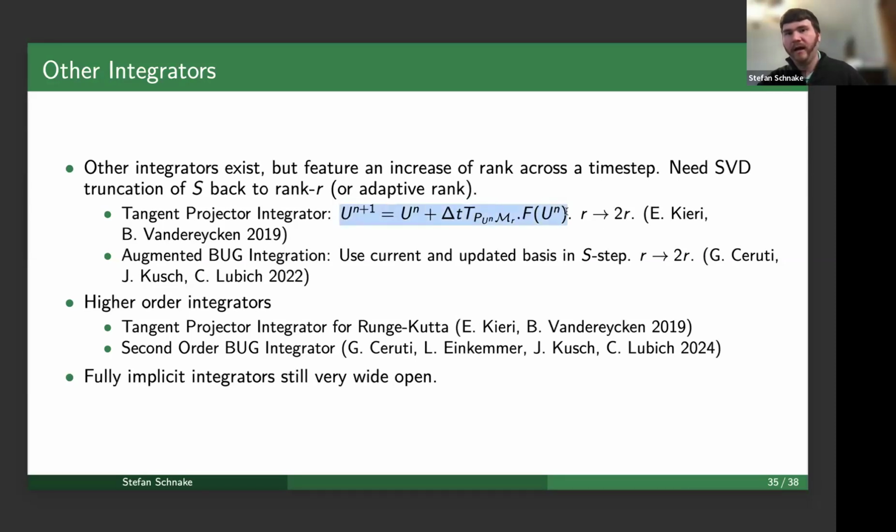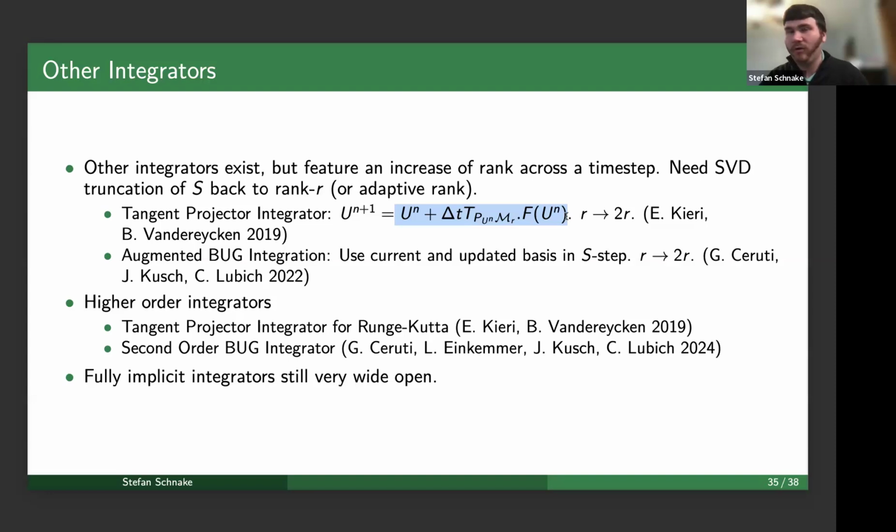I have a method that now fixes the tangent space and it evolves, and you're good. The problem is that this operator right here is rank 2R. So you go from R to 2R. If you do some sort of SVD truncation of the coefficients, you can go back down to rank R if you want. But you're essentially leaving the manifold and coming back. So it's kind of a hybrid between dynamic low rank and step truncation. But there are advantages to doing this. Here's a paper if you want to look at that.